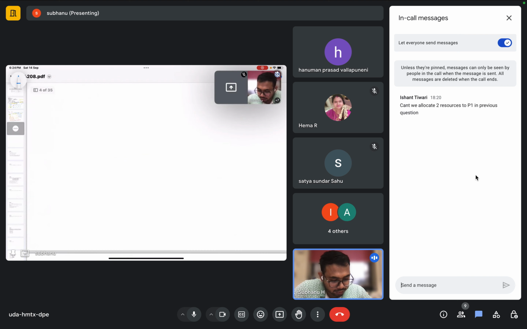Now a question arises. You have a total of 100 resources and each process has Pi equal to 2, so each process requires two resources to finish its execution.